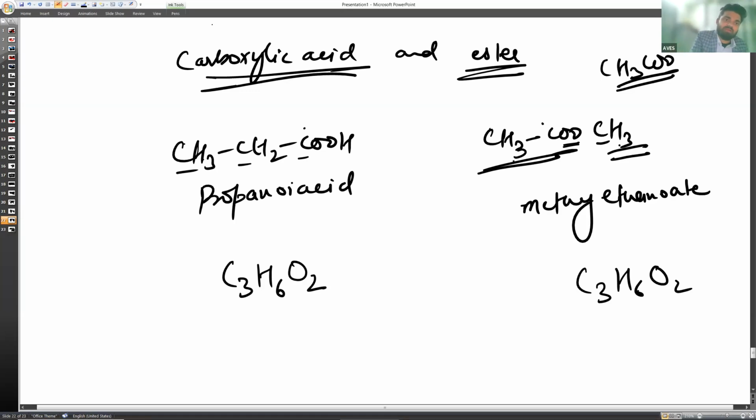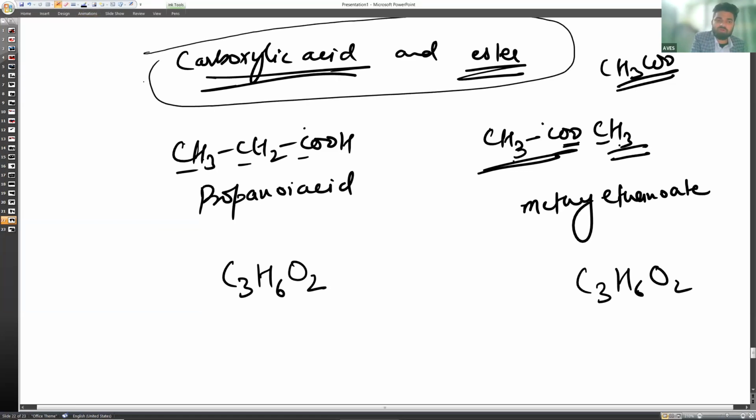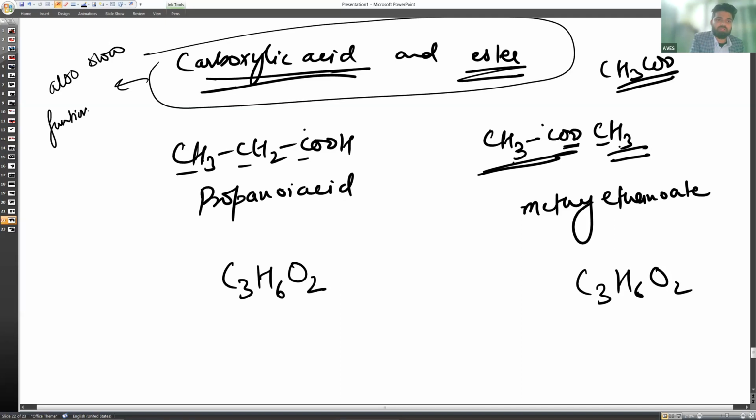That is propanoic acid and methyl ethanoate, C3H6O2. You can check it.